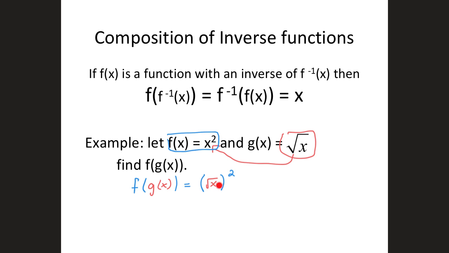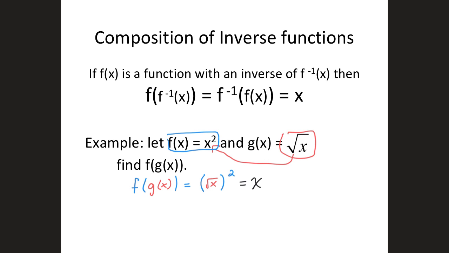So I have the square root function being squared, and we know that the square root and square cancel each other out. So I'm only going to be left with x. This shows that the f of x function and g of x function are inverses of each other.